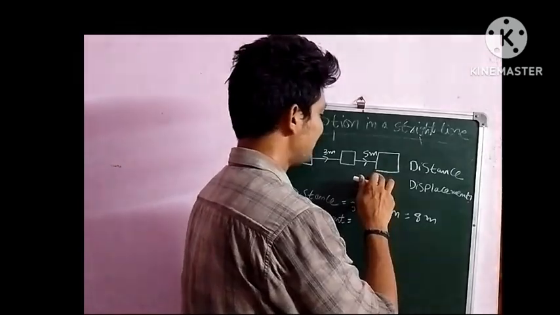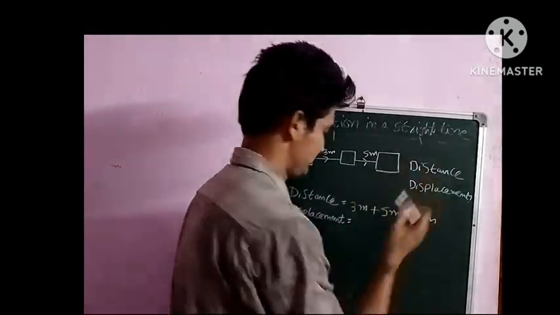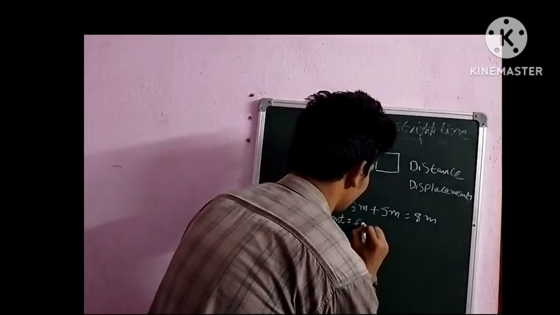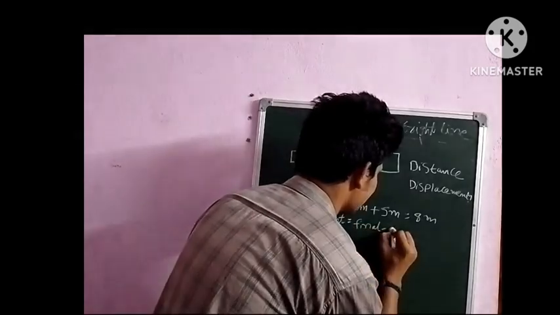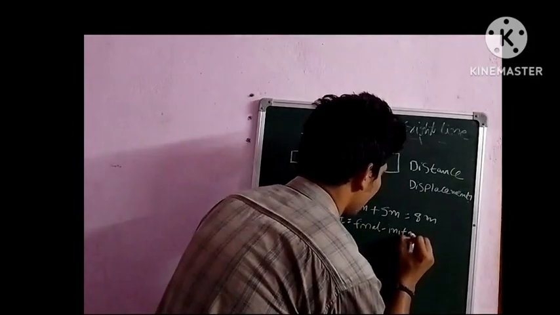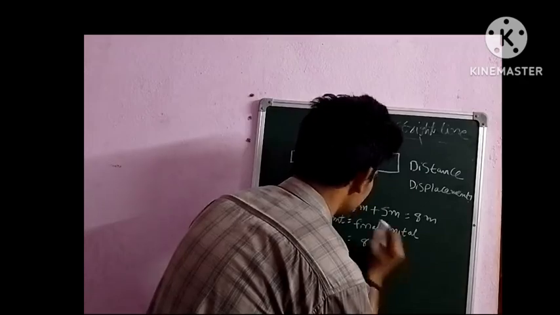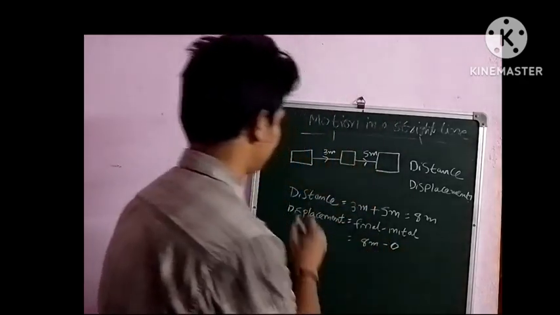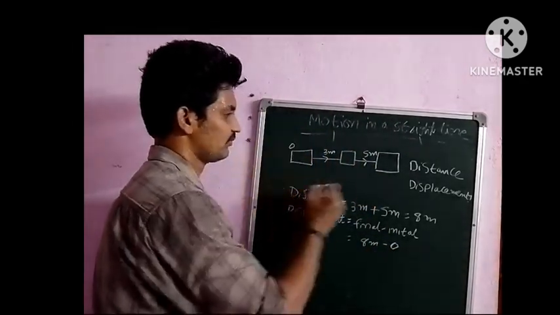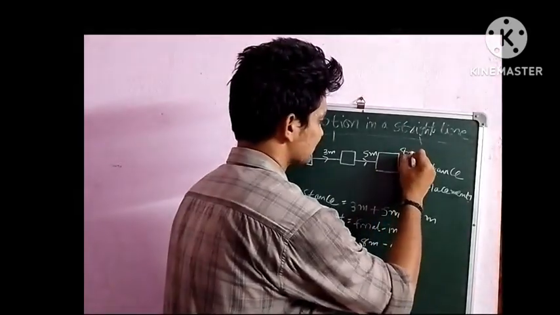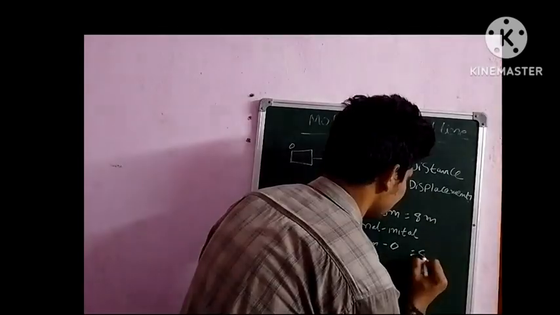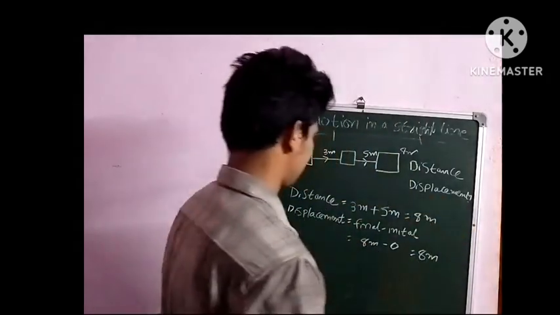And displacement: final minus initial. How much is the final? 8 meters. How much is the initial? 0. Start with 0, end with 8 meters. So totally 8 meters.